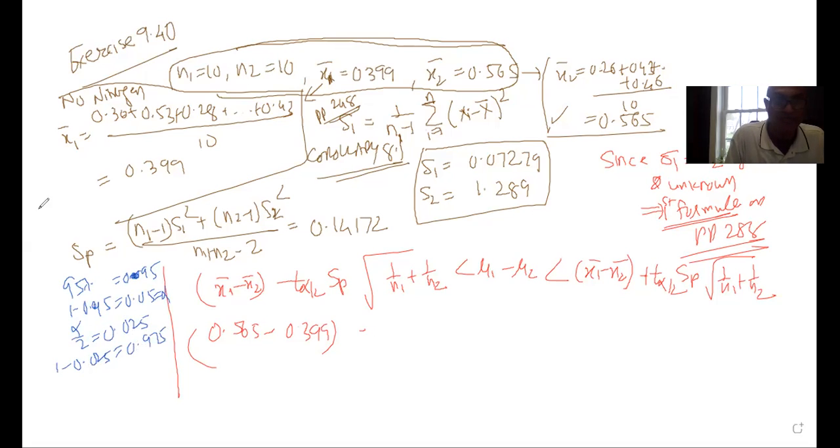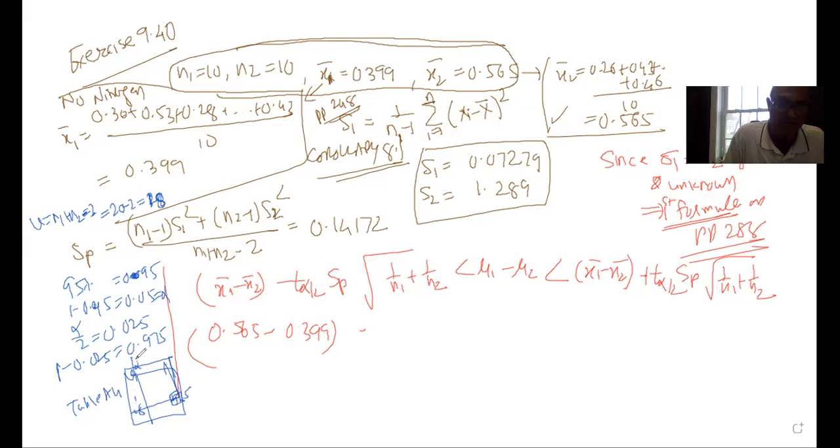and the degree of freedom v is equal to n1 plus n2 minus 2. n1 is 10 plus 10, that is 20, minus 2, that is 18, my bad. So it is 18. If you look at 0.975 in your table A4, here you have degree of freedom v, and here you have alpha values. So the degree of freedom here is 18. Look at this line, and here you get 0.975.